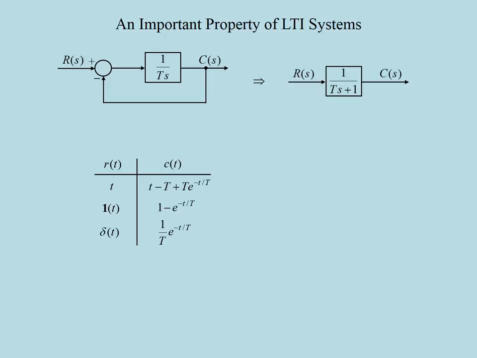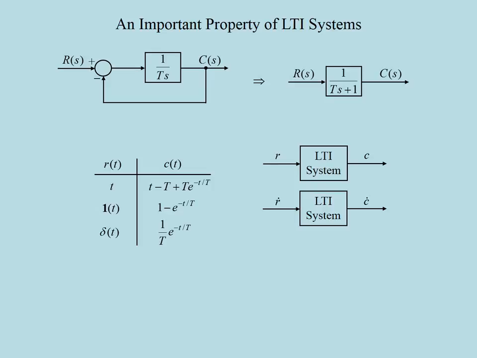We can generalize this observation in the following way. In a linear time invariant system, if you differentiate your input, the output will be the derivative of the output corresponding to the original input. Similarly, if you integrate your input, the output will be the integral of the output corresponding to the original input, plus an integration constant.